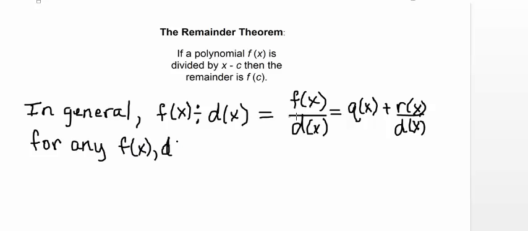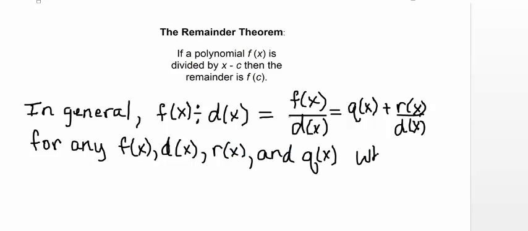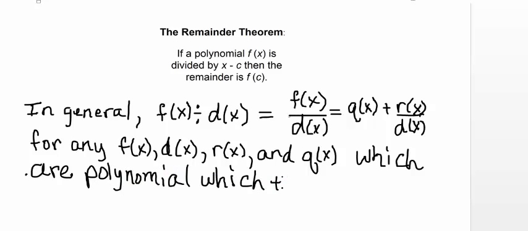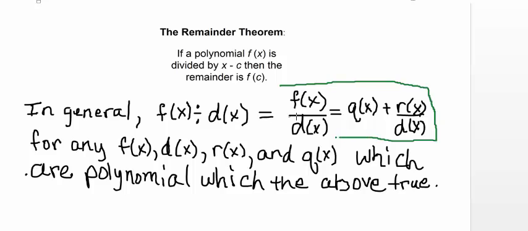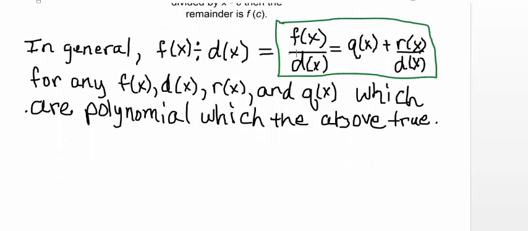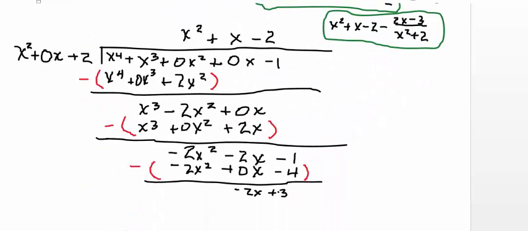For any f of x, d of x, r of x, and q of x, which are polynomials for which the above is true, and by above I mean what I'm drawing this box around, then, if I multiply, notice how in this particular case my remainder was negative 2x plus 3.